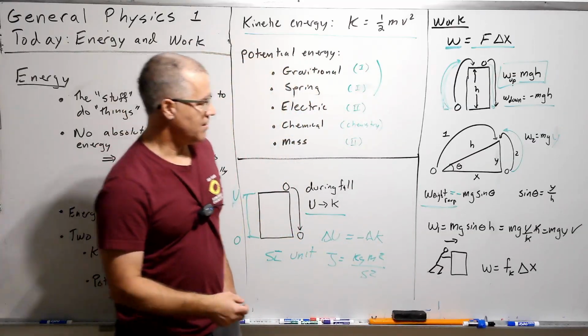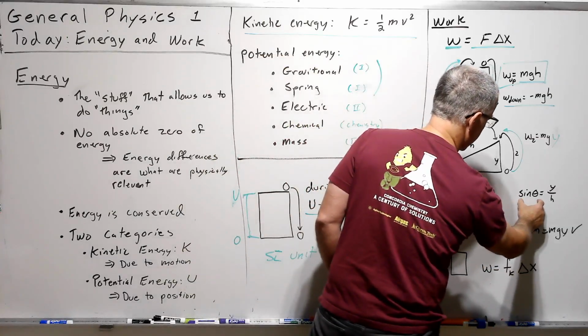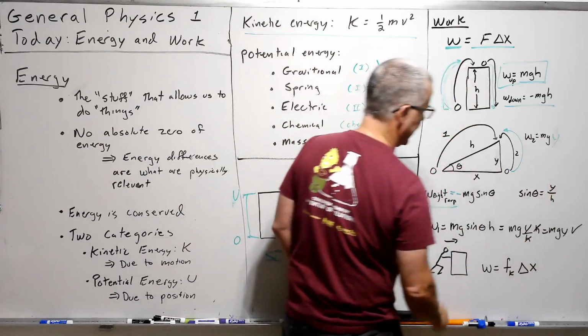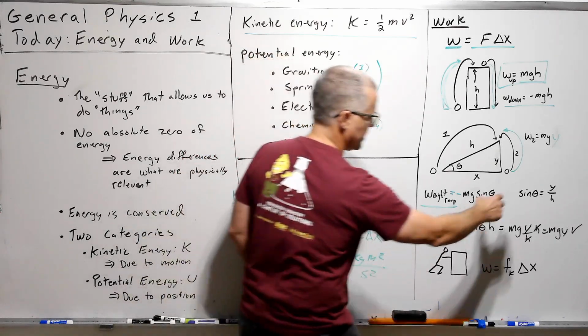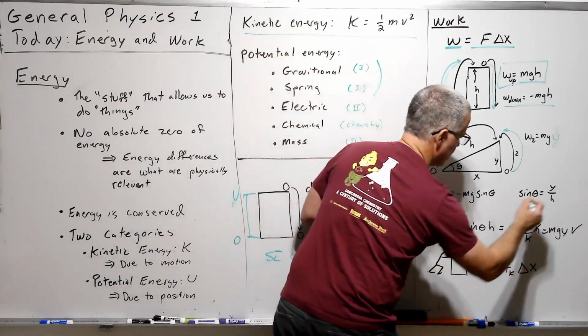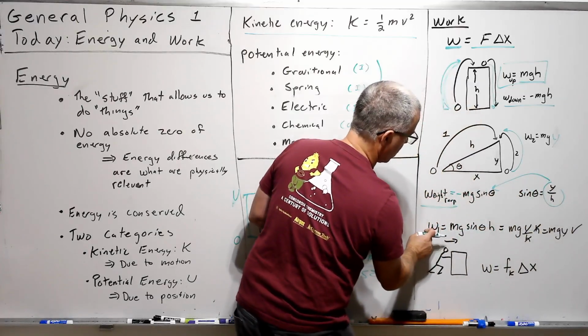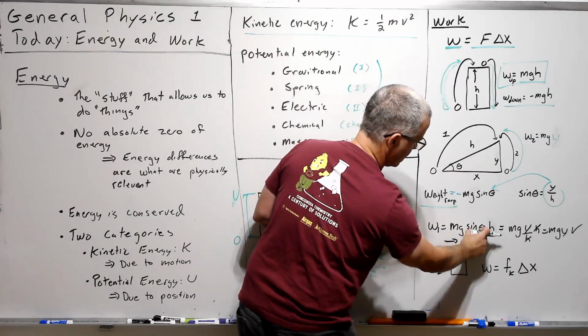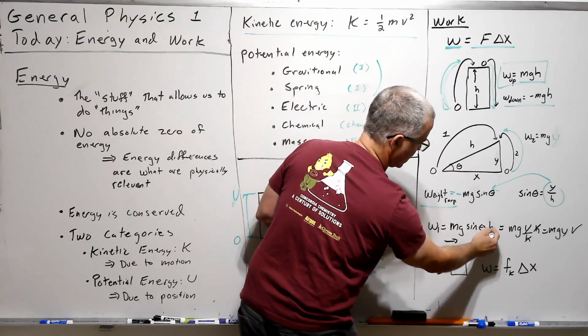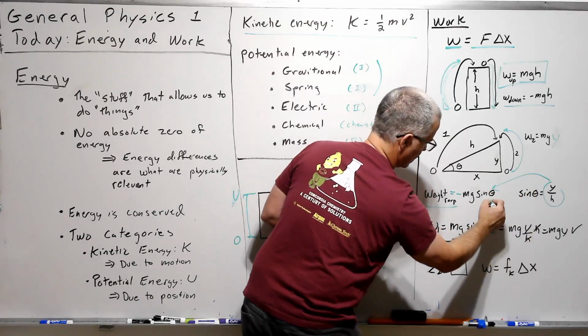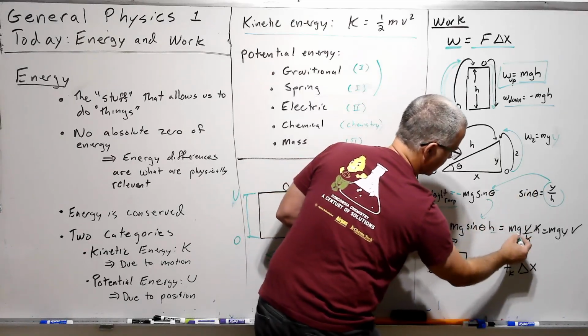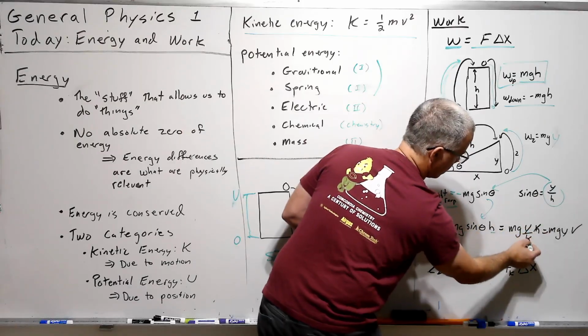Well, let's look at our trigonometry. Sine theta is y over h. So let's stick y over h into here. So the work for one is mg sine theta h. Let's stick that in, and so we're going to get mg y over h.